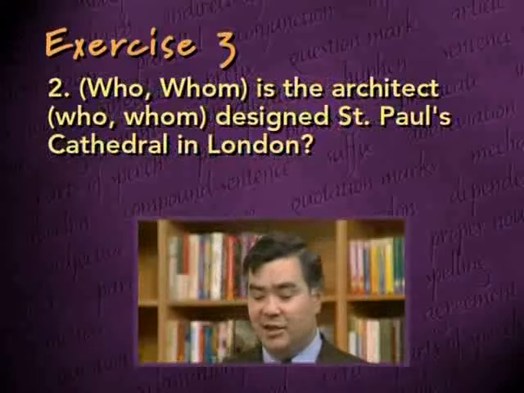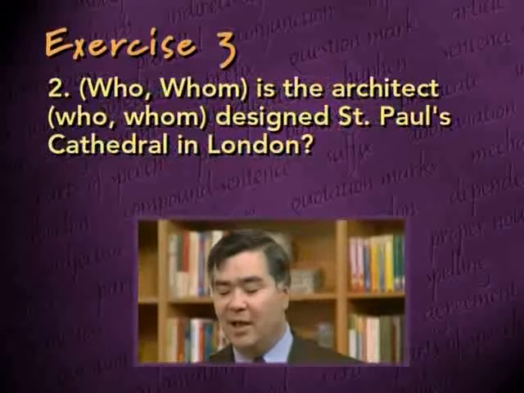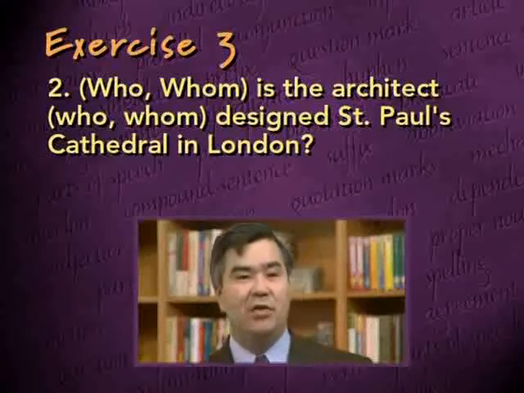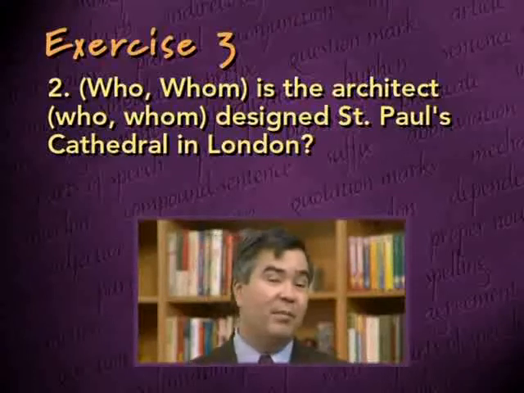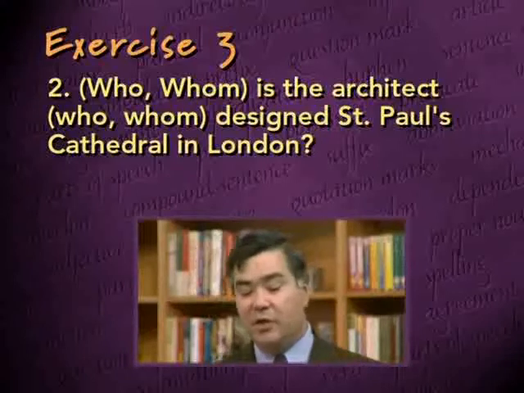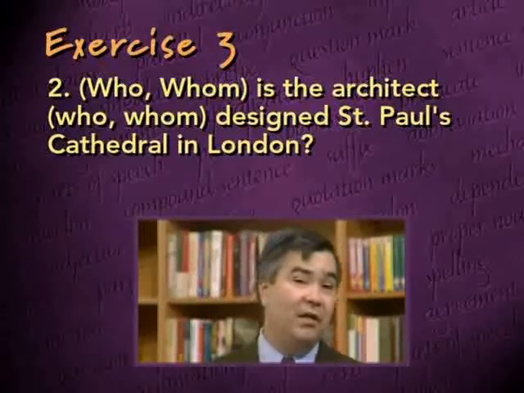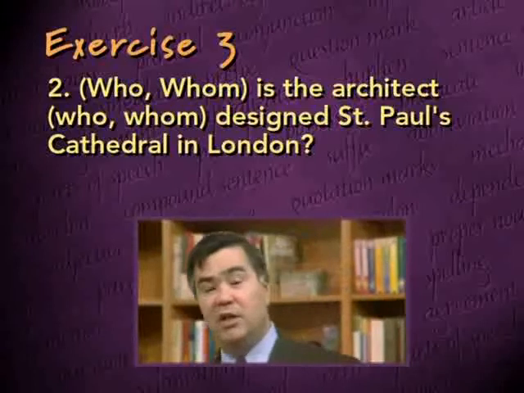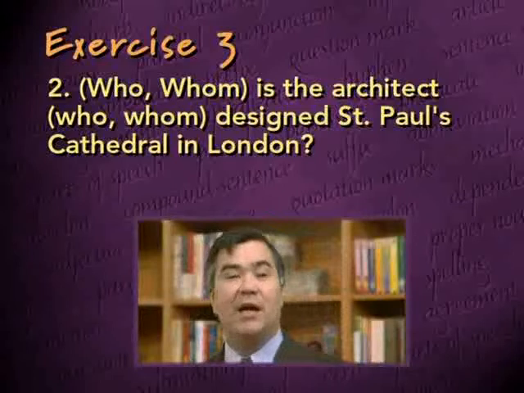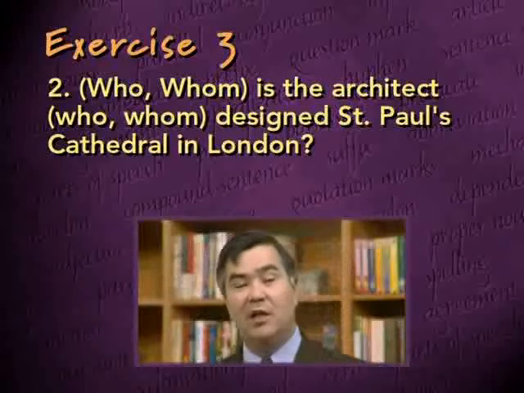Let's look at our next sentence. Who or whom is the architect who or whom designed St. Paul's Cathedral in London? Here we have the pronoun who and whom being used twice in the sentence. The first time it's being used as an interrogative pronoun to introduce the question. The second time it's being used as a relative pronoun to introduce the subordinate clause.